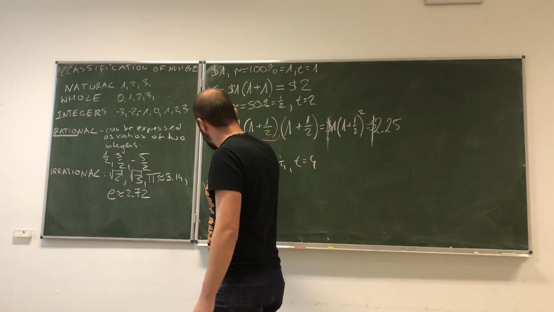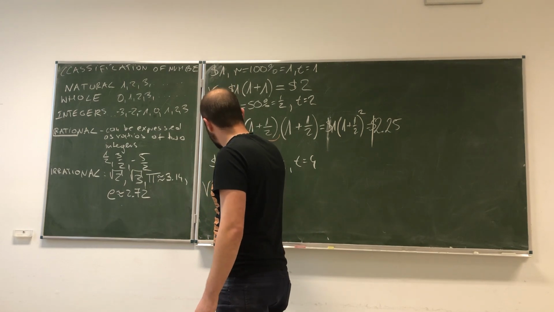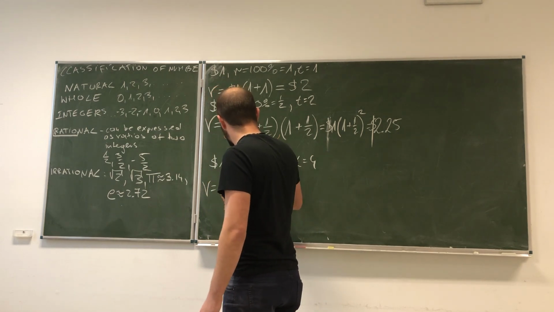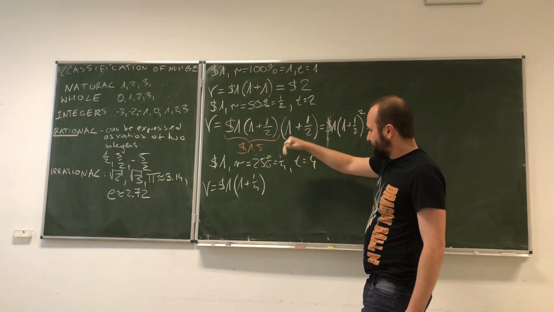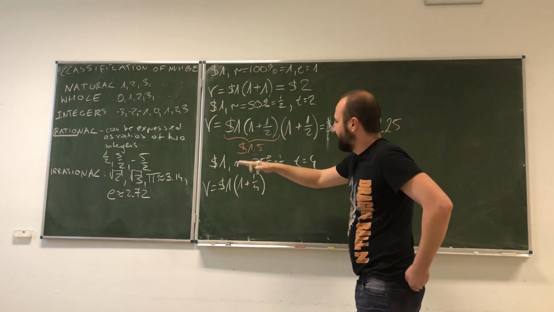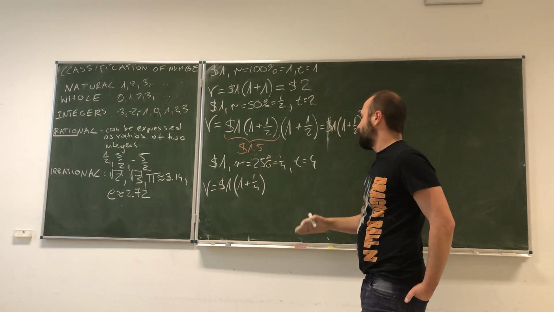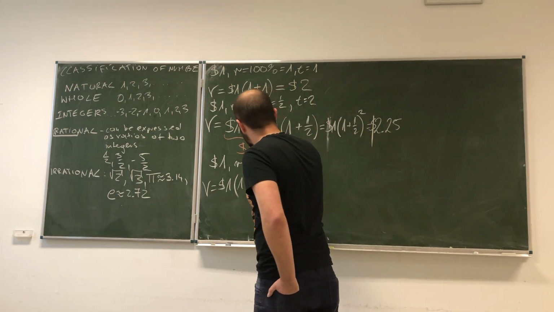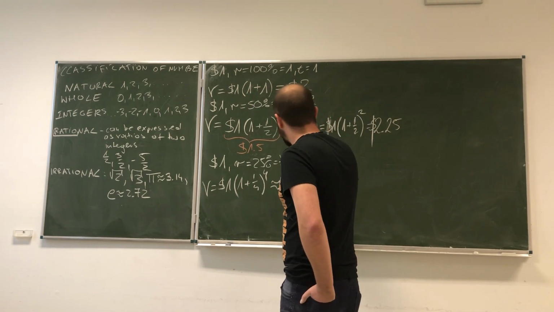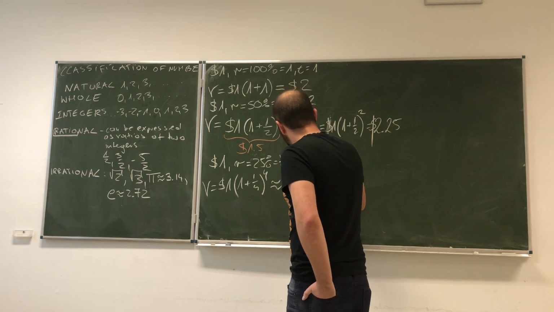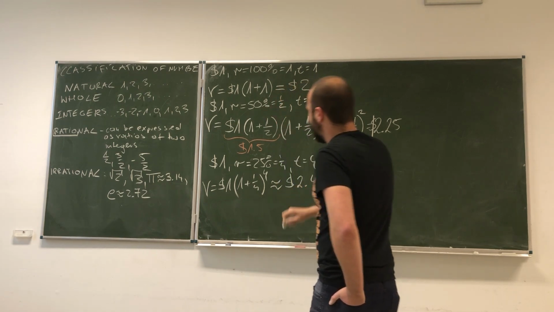All I have to do is to take my $1, multiply it by 1 plus 1 over 4, and of course then repeatedly multiply it by 1 plus 1 over 4 3 more times. So we've got 4 over here, and this gives us approximately $2.44.